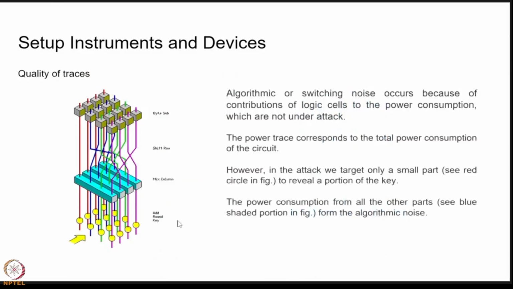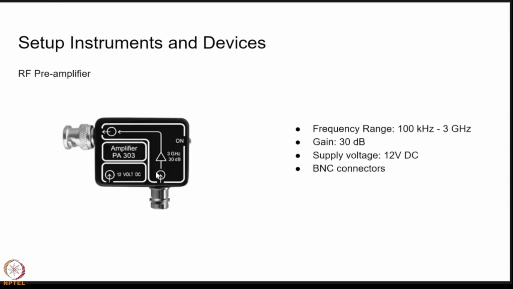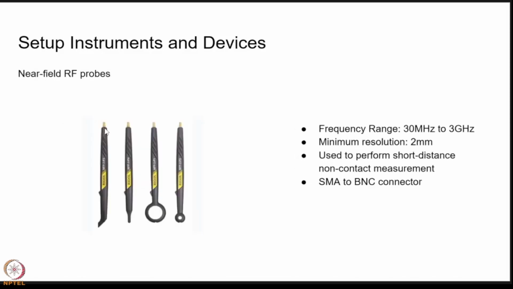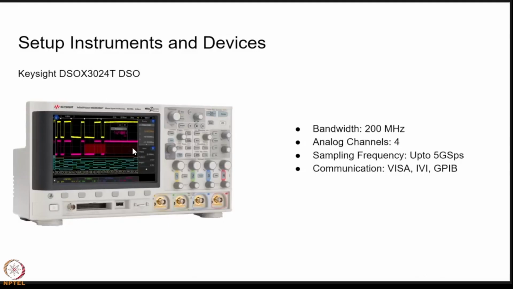The equipment that we need for this is this oscilloscope, and there is a power amplifier. Whatever traces we collect using this kind of electromagnetic probe, we amplify using a preamplifier, and then give it directly to this oscilloscope, and from the oscilloscope we collect the traces.